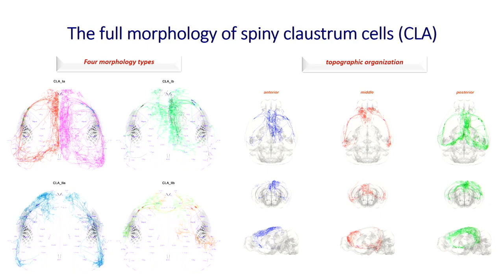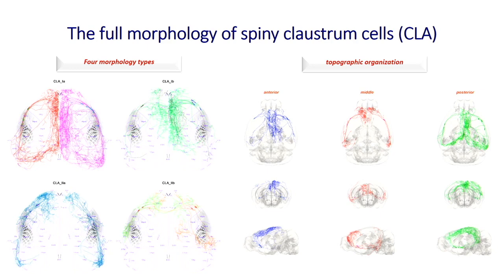We found 4 morphology types, actually 2 major types and 2 subtypes each, according to their projections: projecting mainly to the midline as the first major type, and avoiding the midline as the second major type. According to whether they project only to one hemisphere or bilaterally to both hemispheres, they are classified as subtypes A and B.